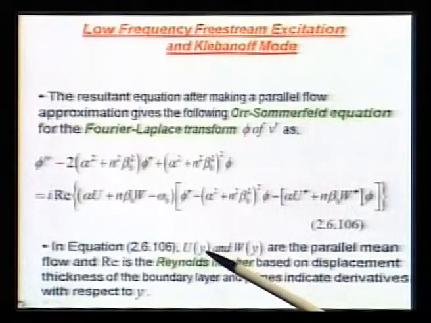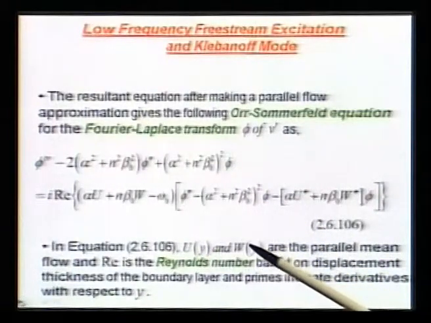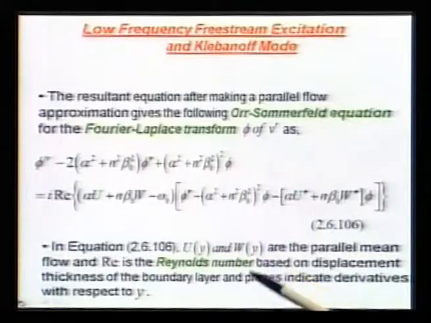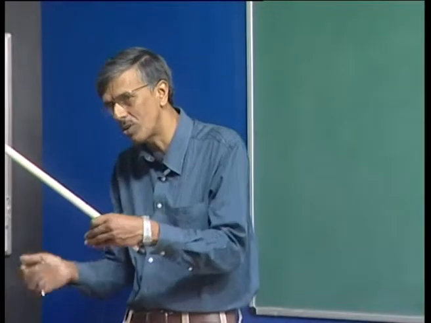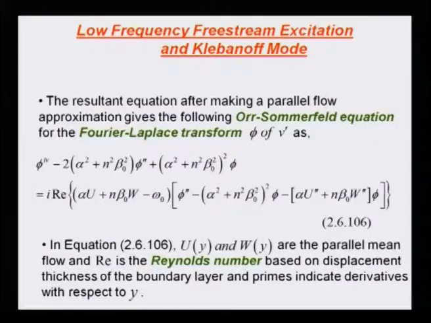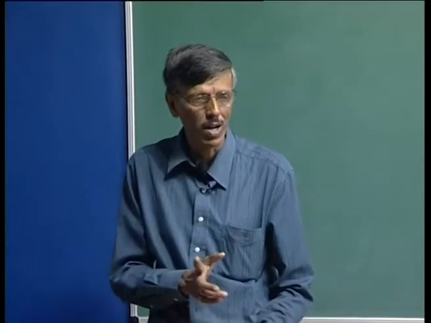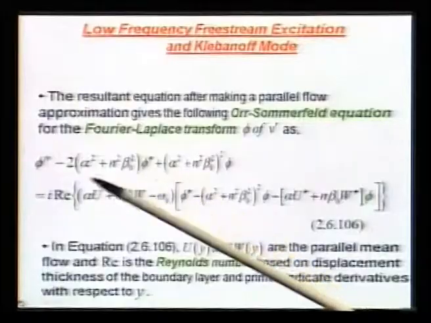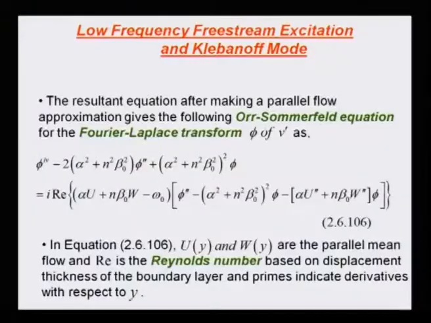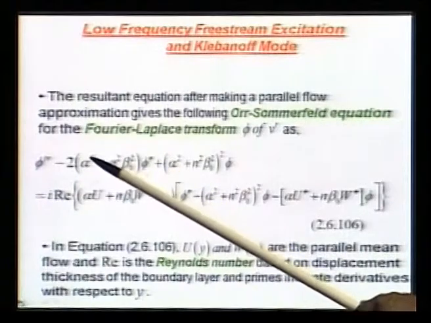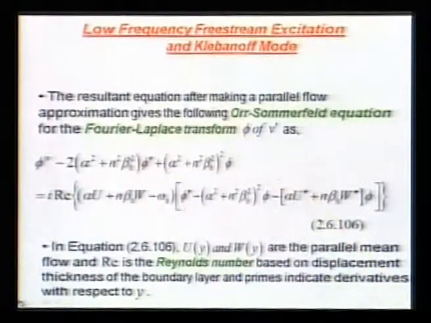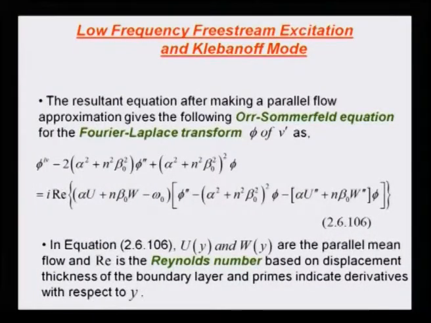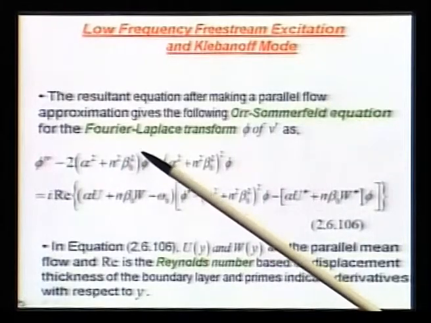The 3-dimensional mean flow is because you have u of y and w of y; you can split it into streamwise and cross flow components. And the disturbance field is 3-dimensional, which means we have the amplitude as a function of y, the x variation given in terms of alpha, and the z variation given in terms of beta.